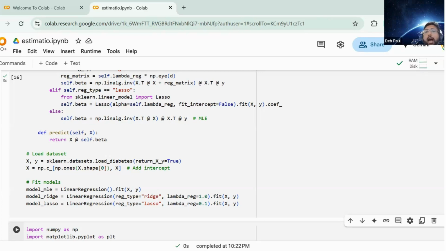In the MLE estimate, I directly got Y. So R is Y minus WX, and R transpose R is this minus this. Basically, this is my loss, the squared Y minus WX.